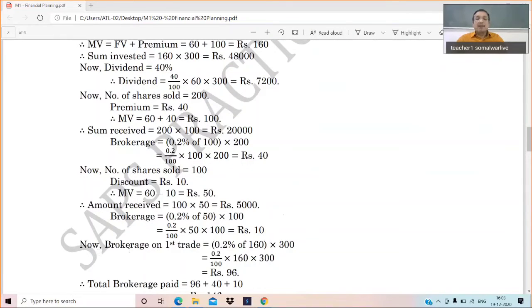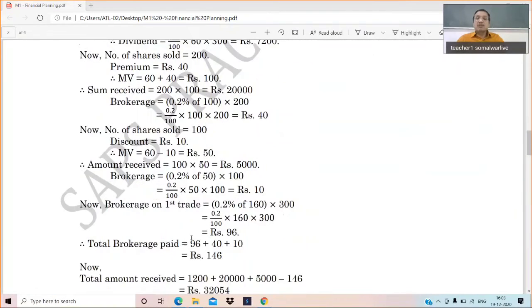Now, I think you remember brokerage on the first trade, that is at the time of purchasing of 300 shares. So brokerage on the first trade is 0.2% of 160. It was the market value at the time of purchase and he purchased 300 shares. So total brokerage paid at the time of purchase was rupees 96. If you calculate this, you will get 96.